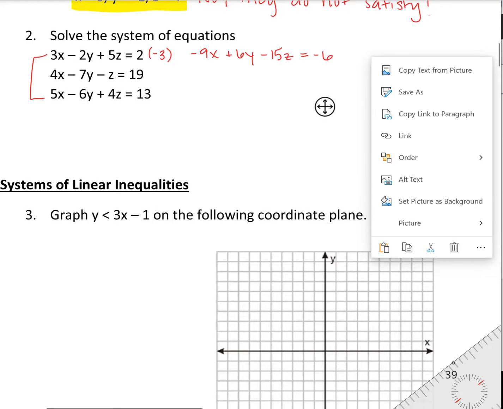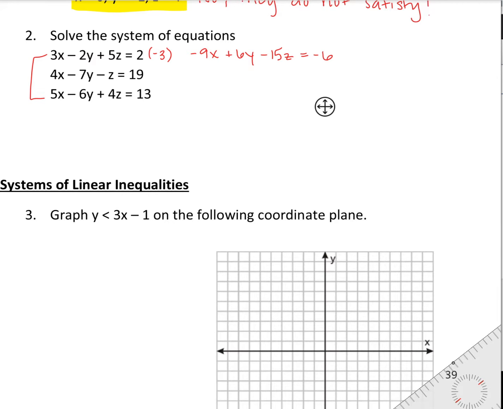Nice and simple. All right, so then I'm going to take that 5x minus 6y plus 4z equals 13. He did not have to change because I already know that that 6y and -6y are going to cancel out exactly like I need them to.